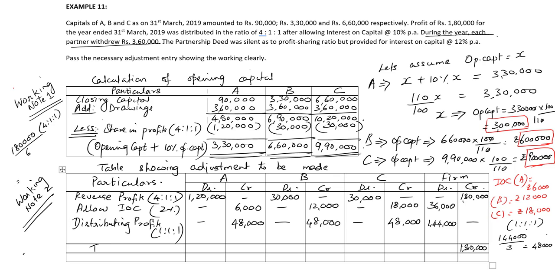The next step is to ascertain the totals. A debit total 1,20,000. A credit total 54,000. B debit total 30,000. B credit total 60,000. C debit total 30,000.